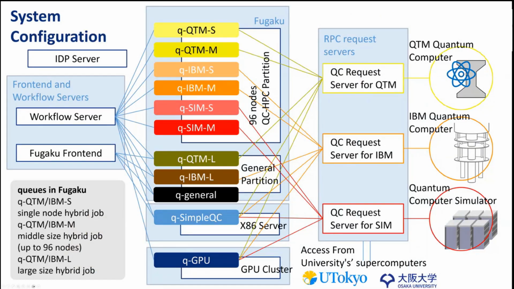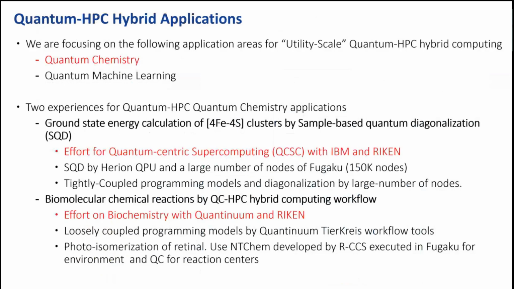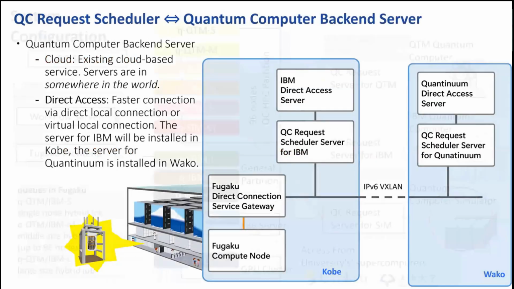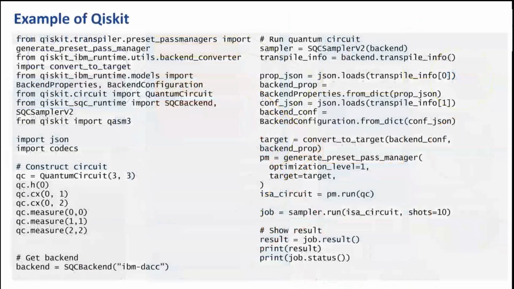And how does the user select one of those, like the IBM or the Quantinuum one? Do they explicitly reserve it? We ask the user to explicitly say what kind of quantum computer they will use, for example in this case, IBM Direct Access. Okay, but do you require the user to reserve it as part of the HPC reservation?